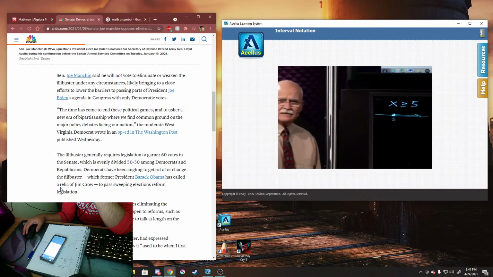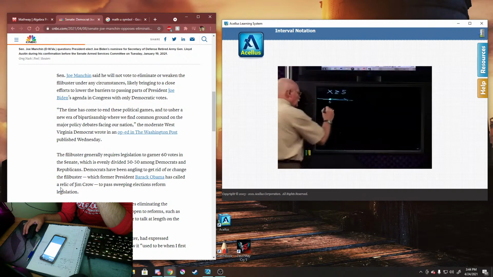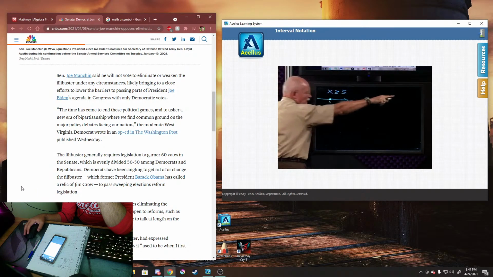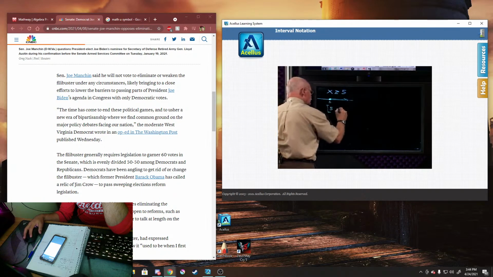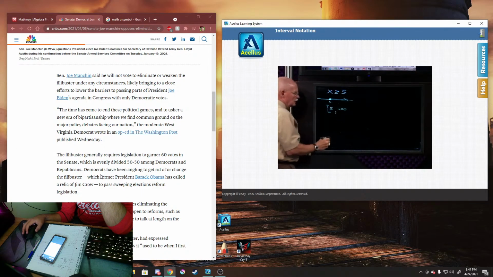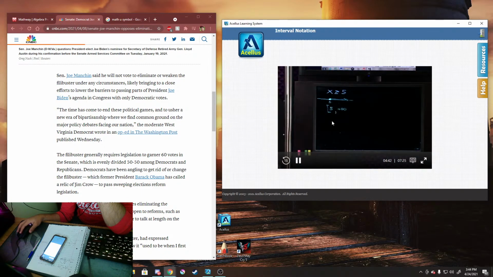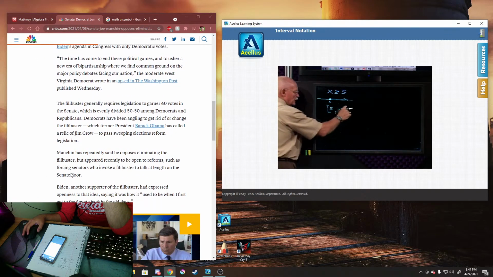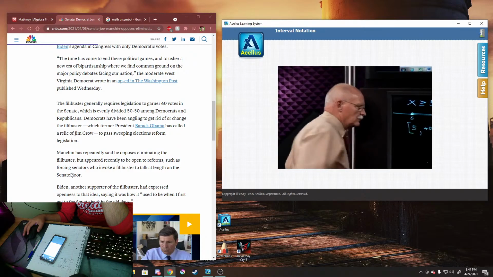How would I write that as my interval notation? 5 is the left endpoint, and I want to include it, but it doesn't have a right endpoint. It goes clear to plus infinity. Now, infinity is really not a number, so we never put a square bracket on the infinity end. We put a parenthesis there.